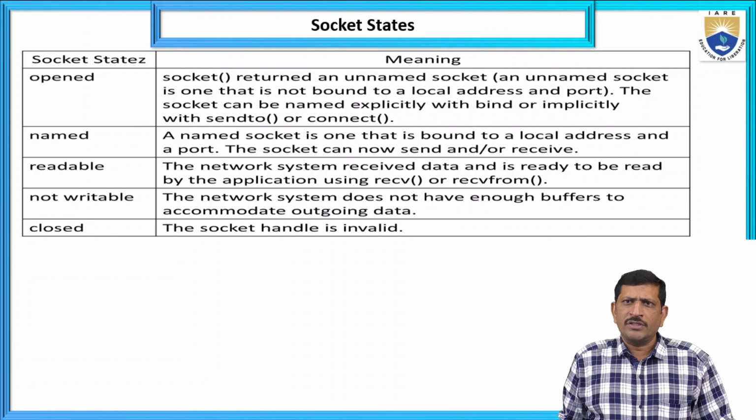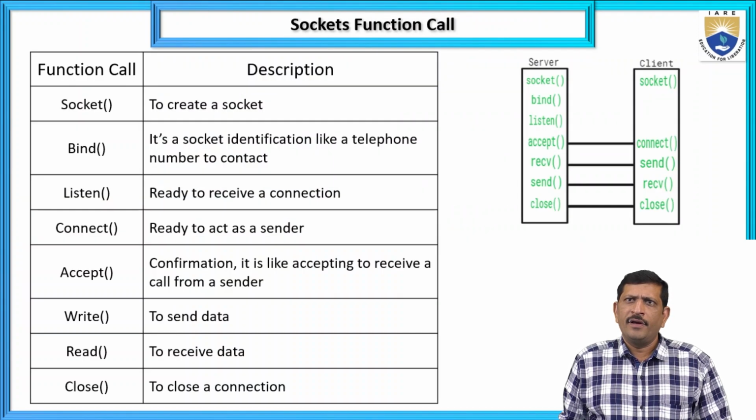Closed: the socket handle is invalid. That means once effective communication is completed between the server and client, the closed socket states can be utilized. The socket handle is invalidated.